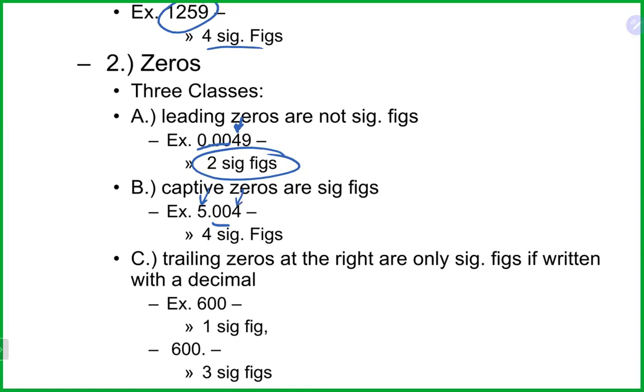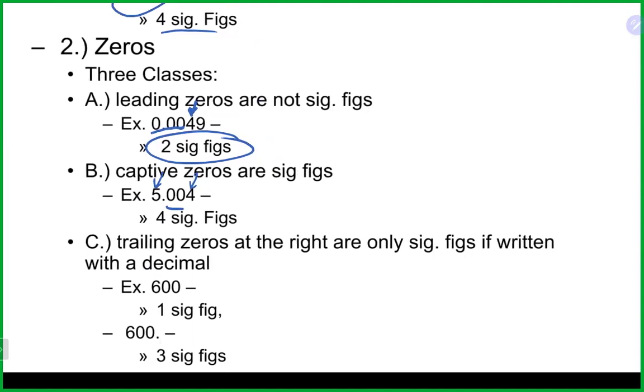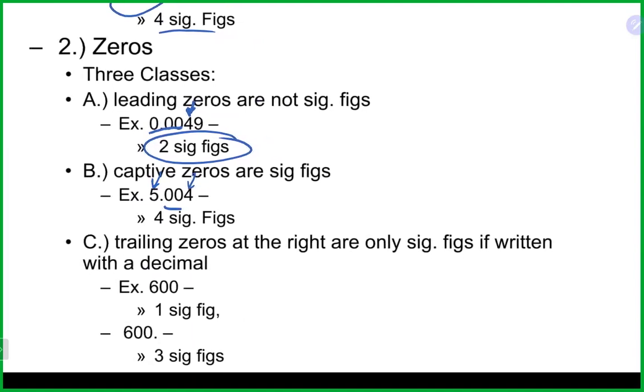The one that probably gives people the most difficulty is the zeros that come at the end, sometimes referred to as trailing zeros. Trailing zeros may or may not be significant, and what determines whether or not they're significant is: is there a decimal point in the number?